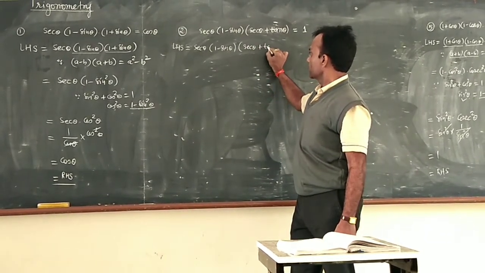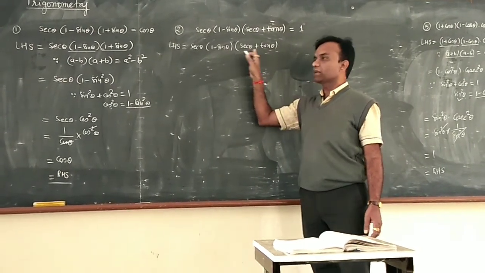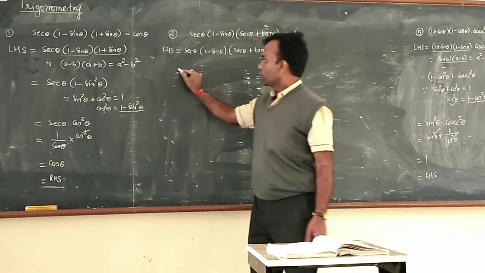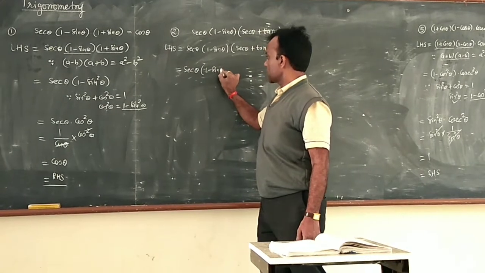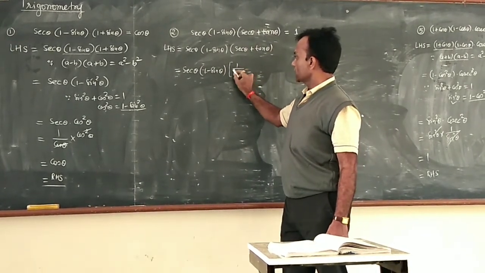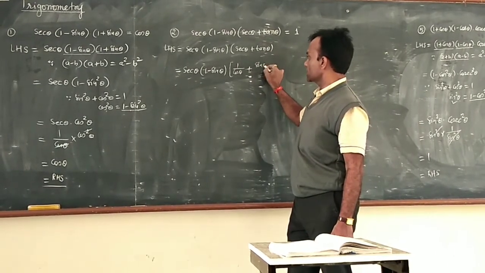Now we have to use the formulas for sec theta and tan theta. Sec theta is 1 upon cos theta, and similarly tan theta is sin theta by cos theta.